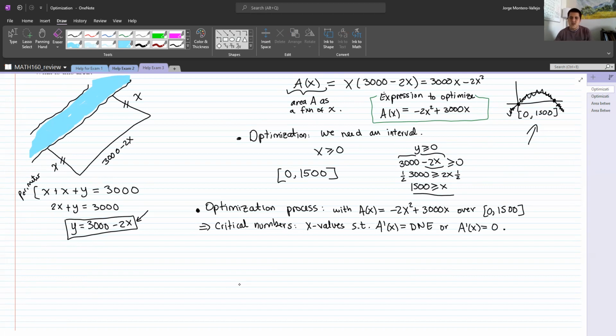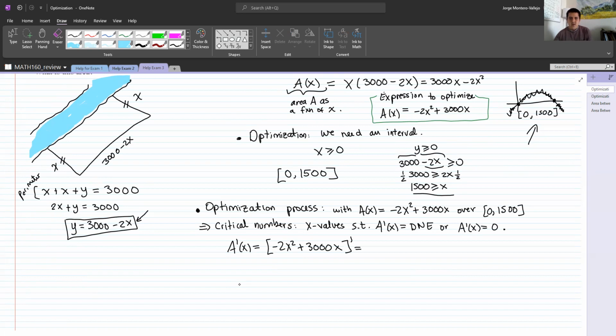Well, the original function, the area function, is a polynomial. So its derivative will be, again, a polynomial. So let's go ahead and find the derivative. It's going to be the derivative of minus 2x squared plus 3000x.